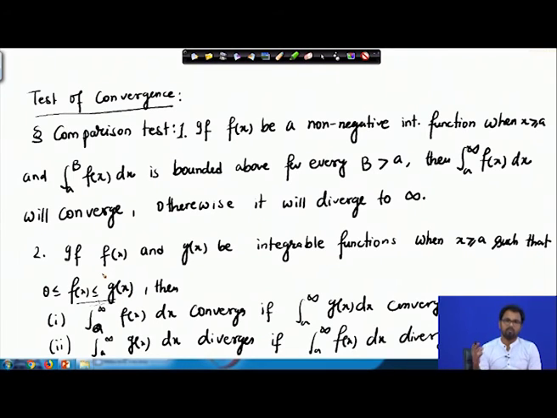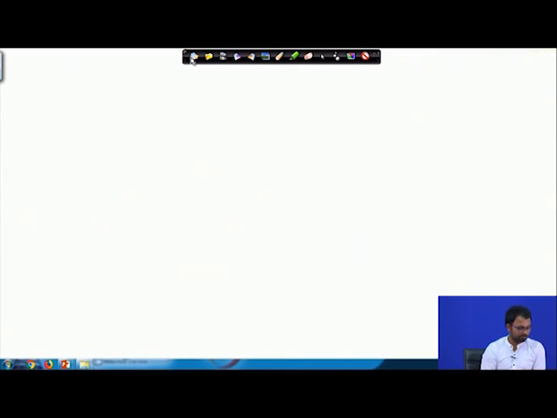We need to find a function, basically g(x), that will satisfy this inequality, and based on that we can check whether g(x) is convergent or not, with the help of which we can say whether f(x) is convergent or not. So this is one such type of comparison test. There is a third type.